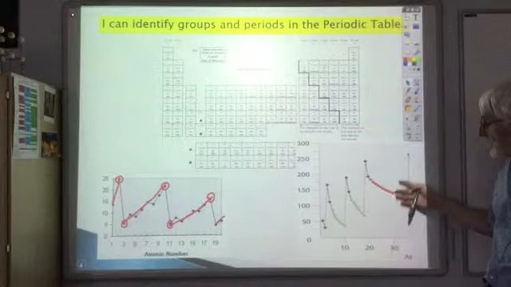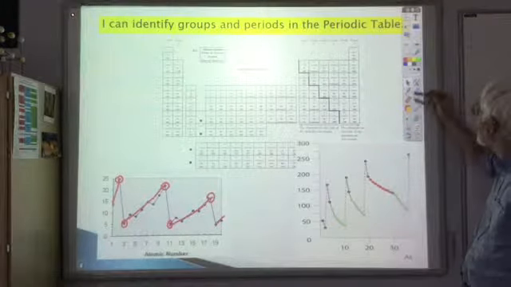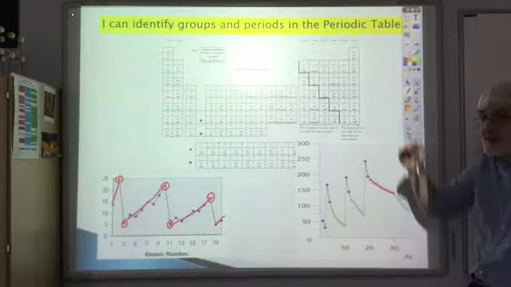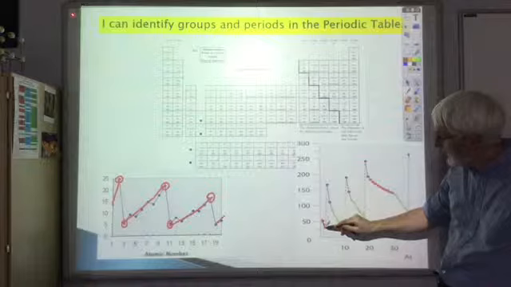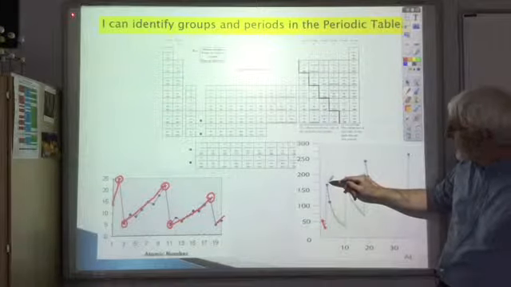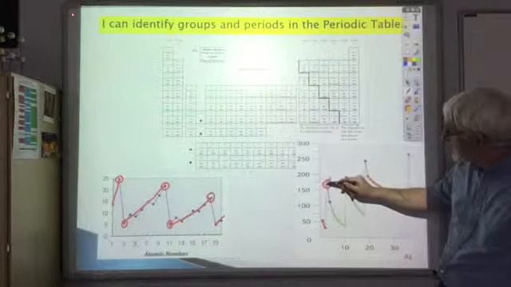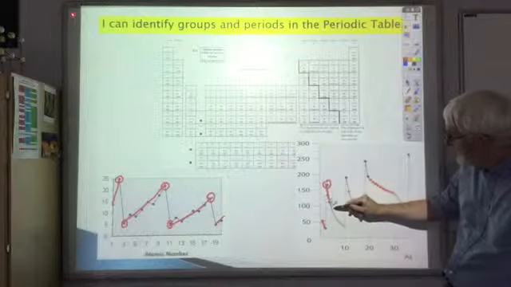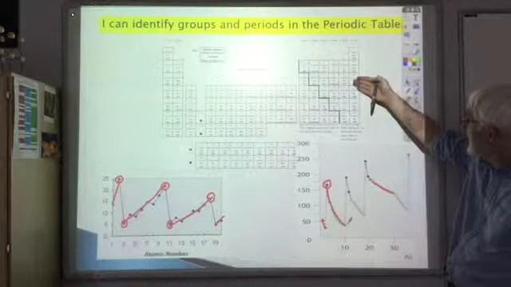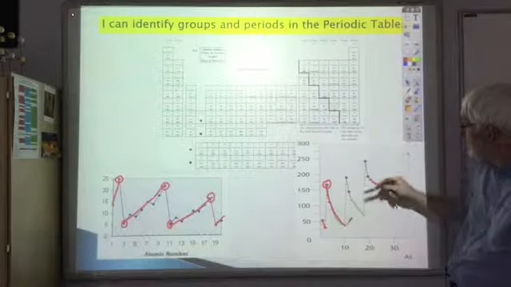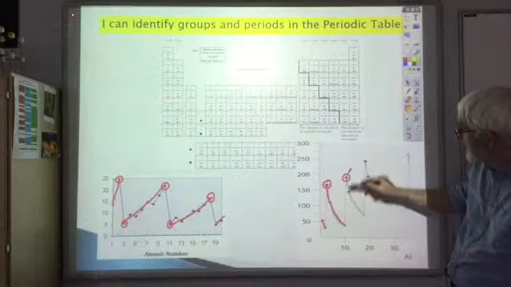So this is another trend. In this case, the trend is decreasing across a period. So we decrease across a period, then a big jump up to the start of the next period. It gradually decreases across the period. Then we reach the end of the period here, have to go down to a new period, and it jumps up again.